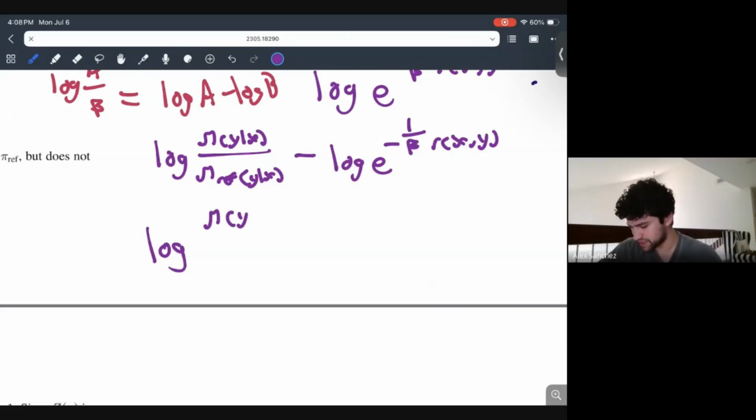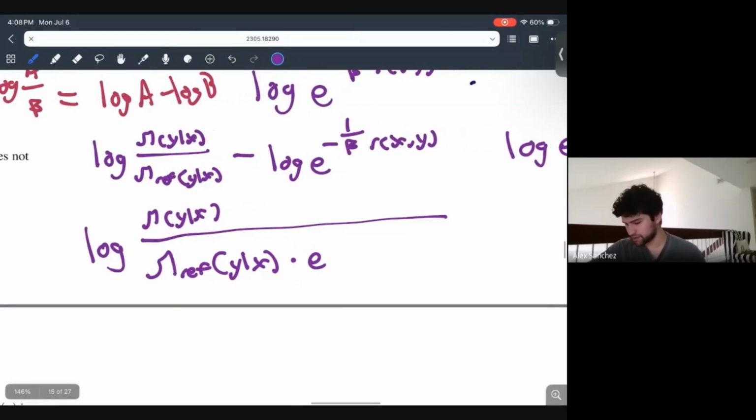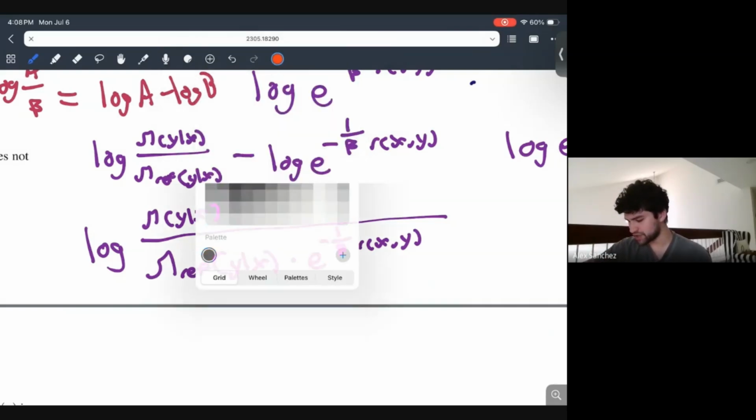This stays as the numerator, but what we end up having at the bottom is pi ref y given x times this e to the beta r x and y. Cool. And now you're going to see something.